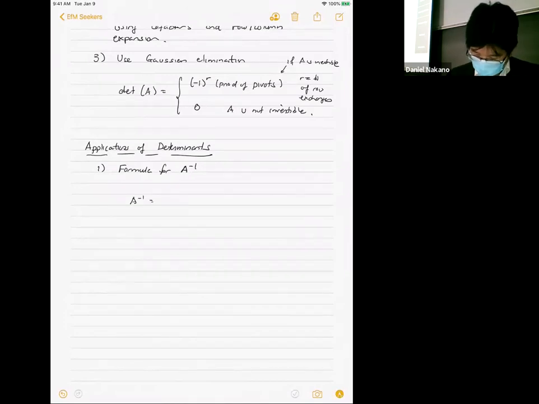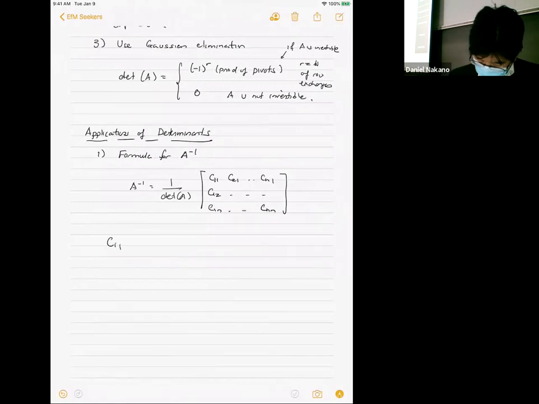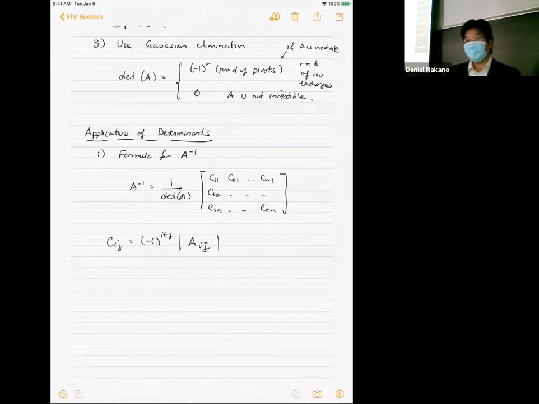So A inverse is equal to 1 over the determinant of A times the matrix of cofactors, but remember, these entries have to be transposed. So C11, C21, up to Cn1, then C12, and so forth, up to C1n, Cnn. And the cofactor Cij is (-1)^(i+j) times the determinant of the minor Aij. Remember, Aij is the matrix you obtain by crossing out the ith row and jth column. So this is the cofactor.